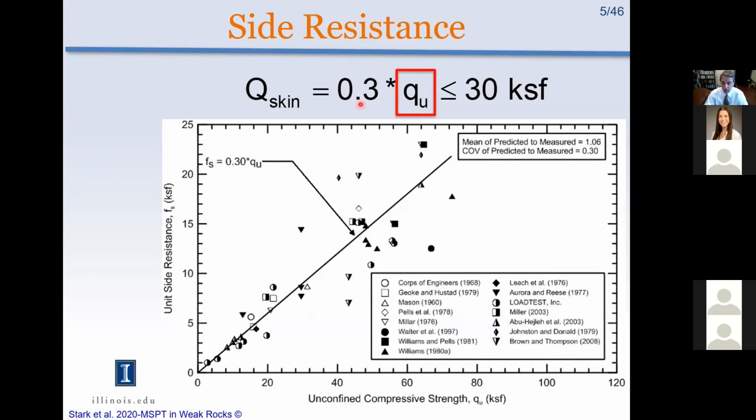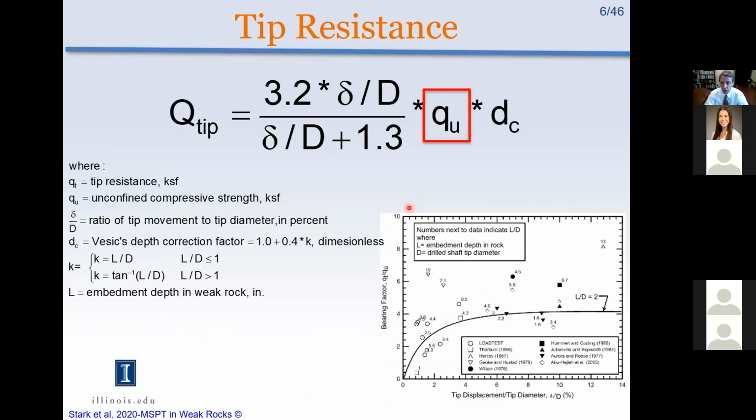These are from load tests around the country in Illinois. And in the tip resistance, we also need an estimate of unconfined compressive strength and the shaft diameter and allowable deflection. So that led us to developing a procedure for IDOT to estimate the unconfined compressive strength of weak rocks throughout the state.